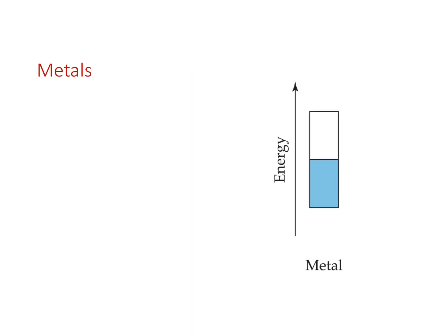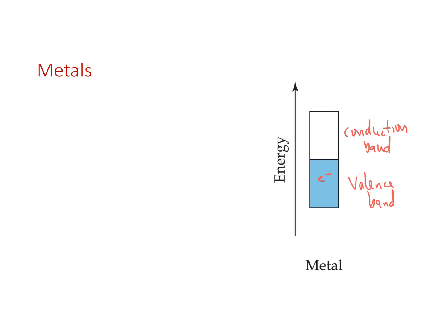So in the metal, you'll notice that the valence band is directly connected to the conduction band. And remember, the valence band is where we have electrons, and the conduction band, because it's our anti-bonding or non-bonding orbitals, there are no electrons there, but that's where electrons are free to move.